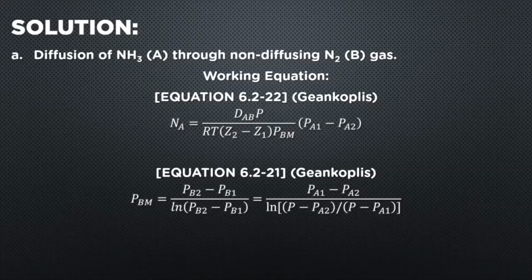So 6.2-21 is the log mean of pressure B, which is equal to PB2 minus PB1 all over Ln of PB2 over PB1, which is also equal to PA1 minus PA2 all over Ln of P minus PA2 over P minus PA1.